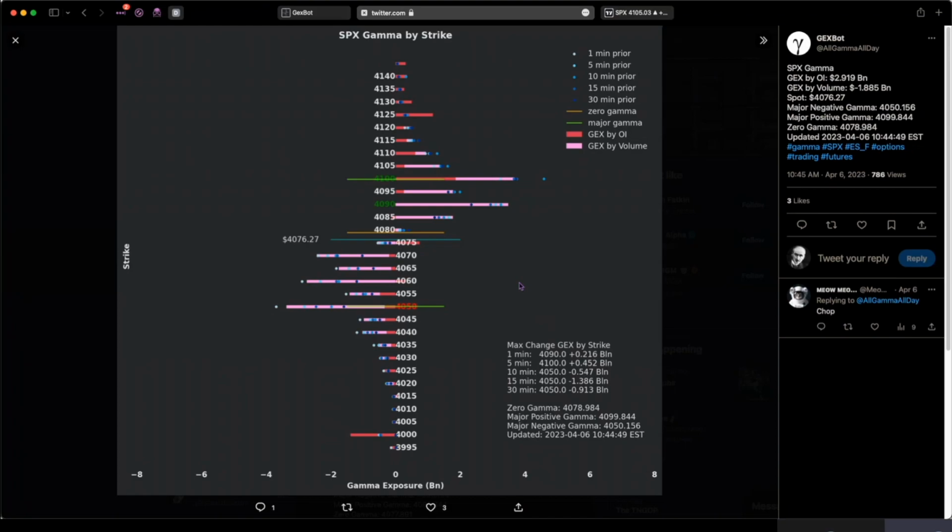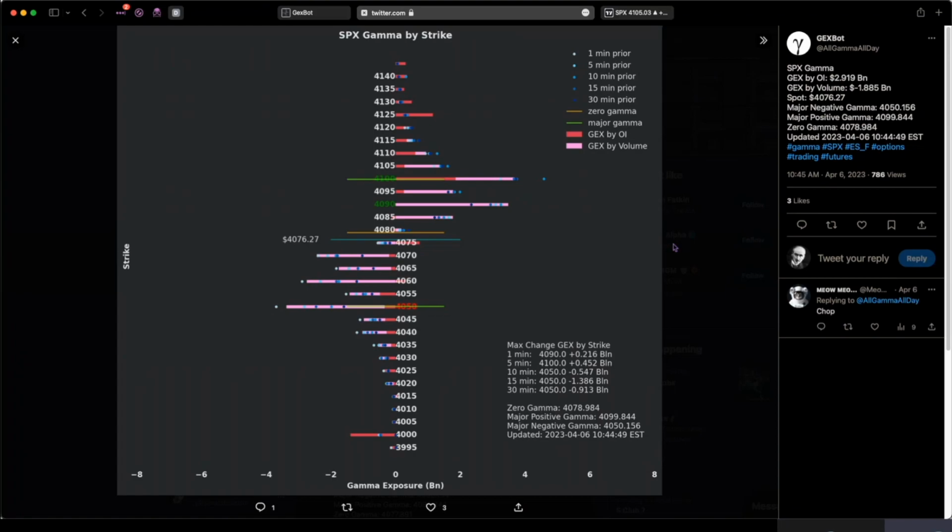Wow, that's a really good point, and it's something I just want to emphasize. I'll leave everybody to go to the previous video to see this, but it's really important to say that gamma is the highest for at-the-money options. So I'm just reiterating what you said: if spot price moves down, then naturally all the gamma exposure of the lower strikes is going to be accentuated, even if the volume or the open interest on those stays exactly the same.